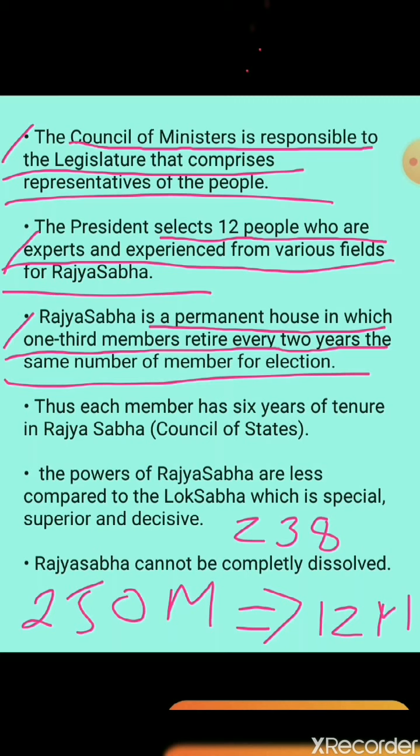Now if I give an example of Gujarat: if from the one-third members who retire every 2 years, one member is from the Gujarat State Legislative Assembly, वो member कहाँ का है? State Legislative Assembly गुजरात का, और वो retire हो गए हैं.